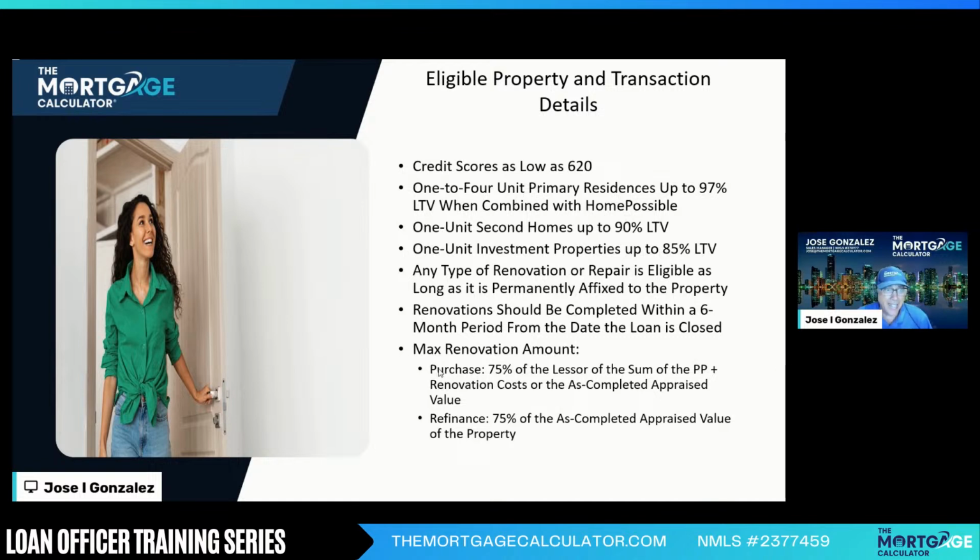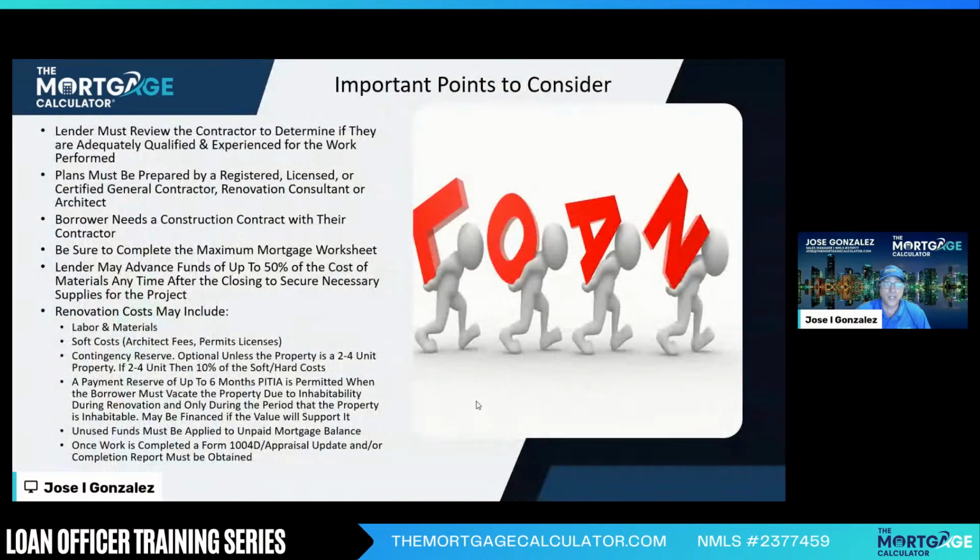So it gets a little tricky, though typically in these loans the renovations are a little bit simpler. They're not like to redo the whole home. Now, there is a maximum mortgage worksheet also that you can use for this task.